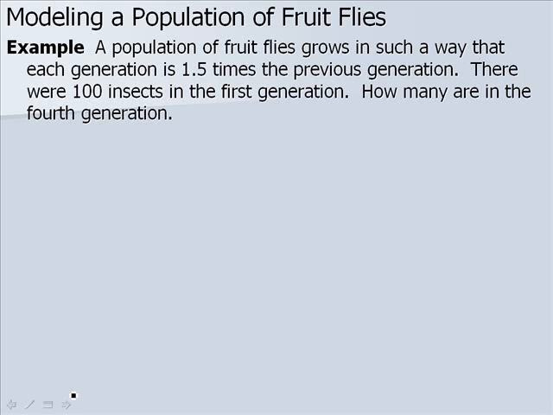In this example, a population of fruit flies grows in such a way that each generation is 1.5 times the previous generation. If there were 100 insects in the first generation, how many are in the fourth generation? So we see that we have a1 is equal to 100 and r is equal to 1.5, and we're trying to find a4.